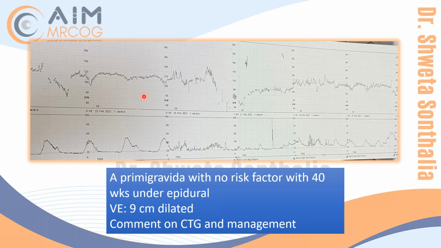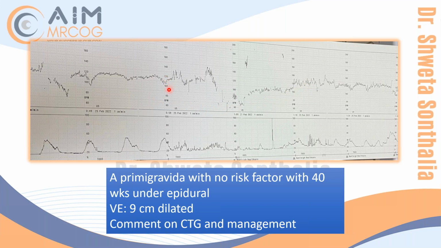What is the baseline, 130 or 110? 130 is here, this is 110, this is 120. In between it is going down to 115, 110, and here it is 100, again less than 100. Then 120, again it has improved.